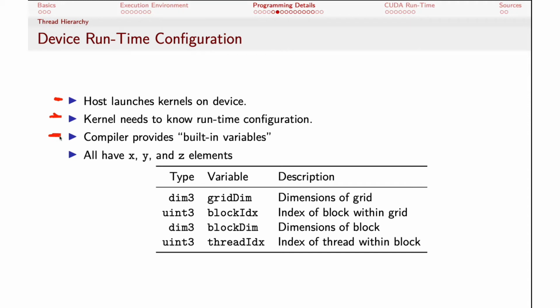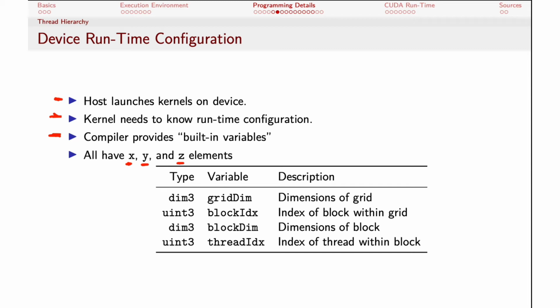So the compiler arranges to add to your kernel code access to what the documentation just refers to as built-in variables. And there's 4 of them, and they all have this same shape. They have .x, .y, and .z elements, so that if we're spinning up a kernel that's intended to run against data that's in a 3-dimensional volume, we can use that information conveniently. So these are the 4 variables that are available to us.